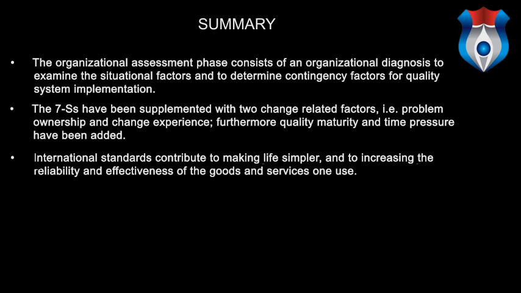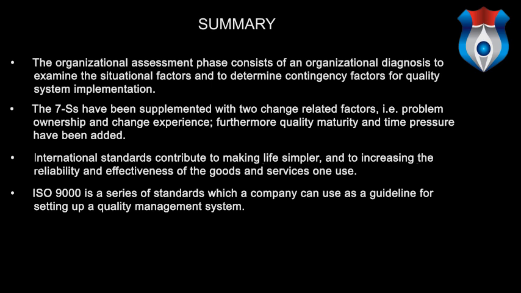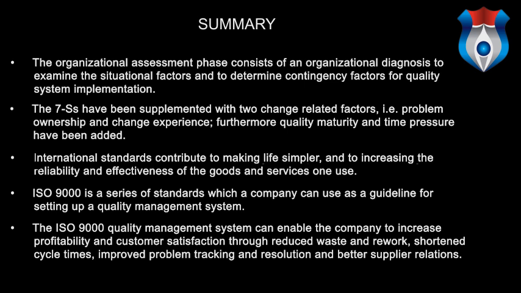International standards contribute to making life simpler and to increasing the reliability and effectiveness of the goods and services one uses. ISO 9000 is a series of standards which a company can use as a guideline for setting up a quality management system. The ISO 9000 quality management system can enable the company to increase profitability and customer satisfaction, to reduce waste and rework, shorten cycle times, improve problem tracking and resolution, and better supplier relations.